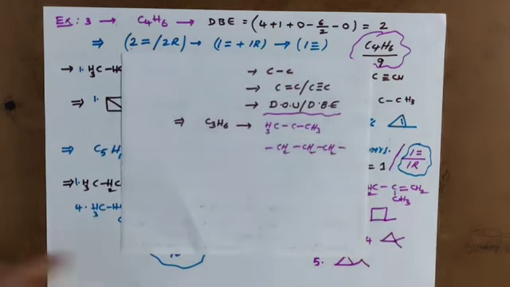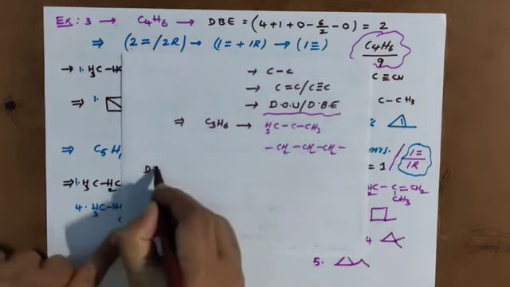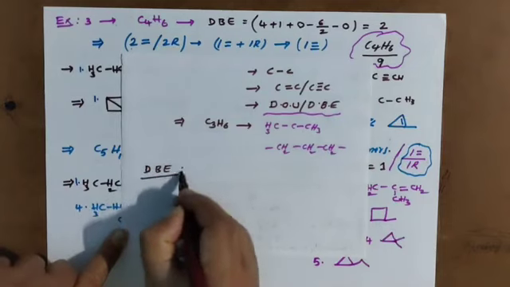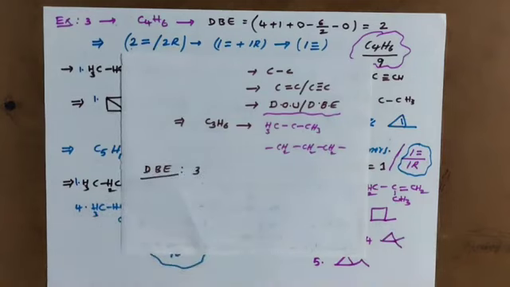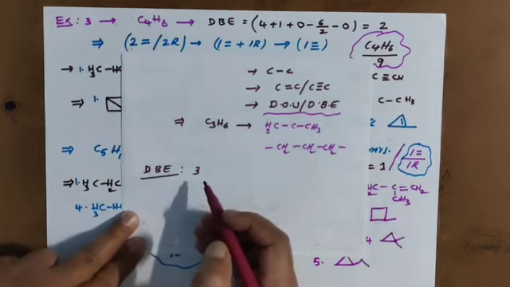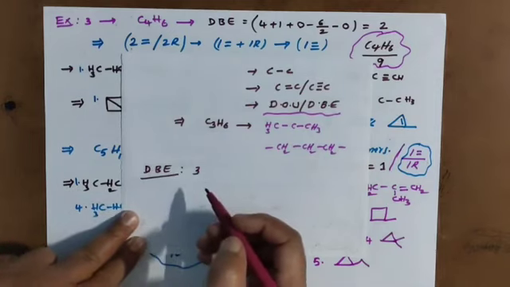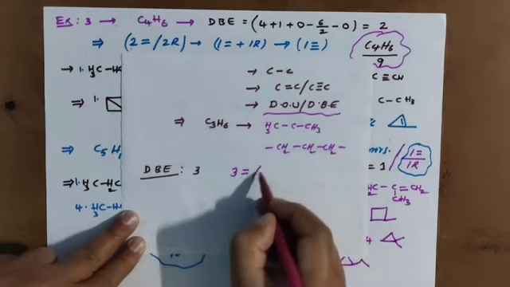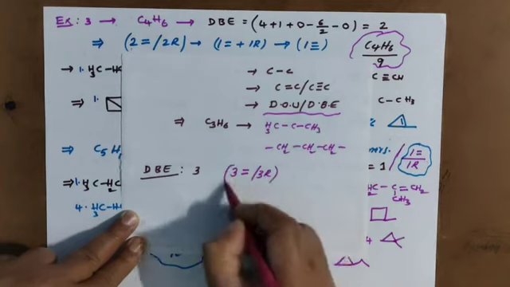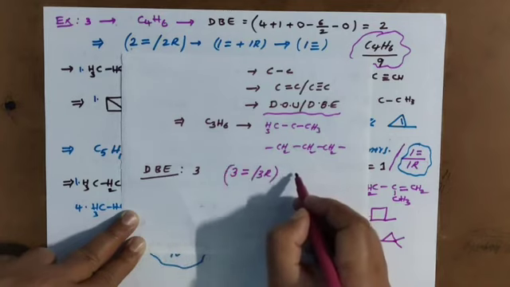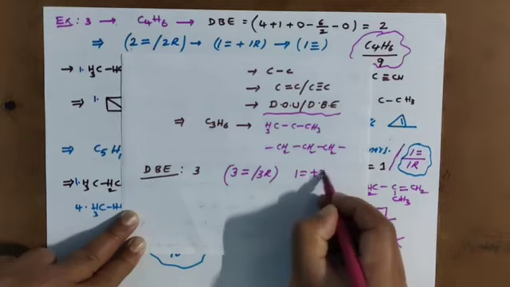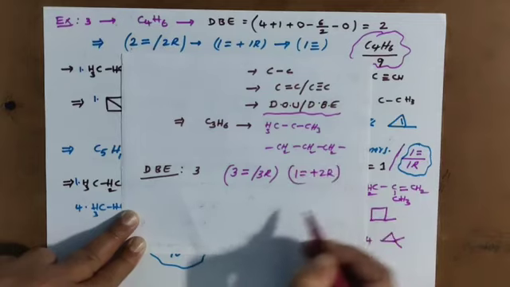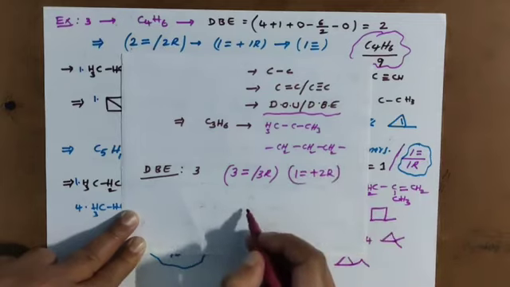If you got a DBE of 3, DBE 1 and 2 I explained already. If you got a DBE of 3, then how many are possible? Three double bonds in the compound, or 3 rings. Clear? 1 double bond and 2 rings. Clear?